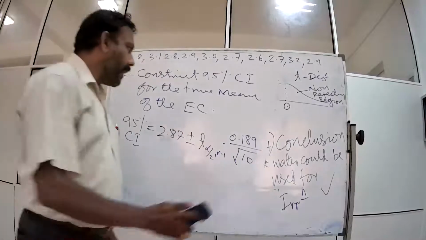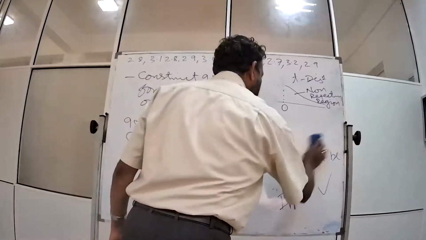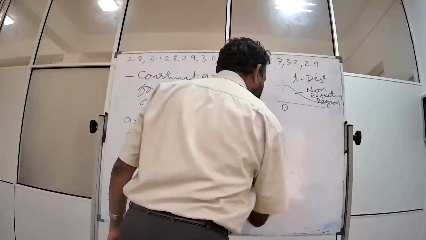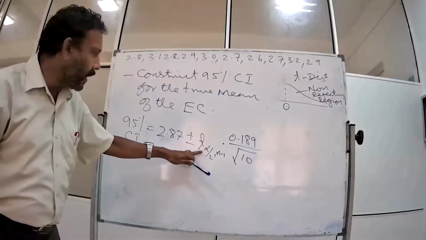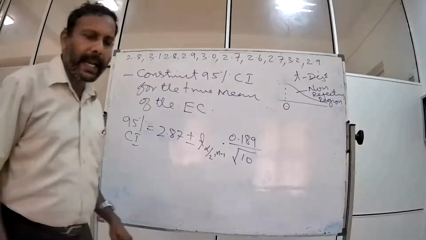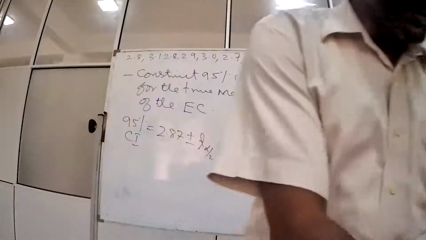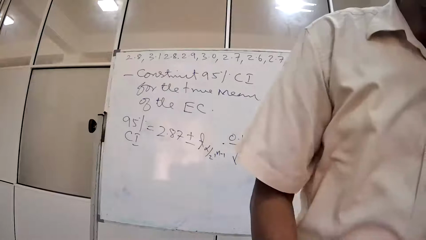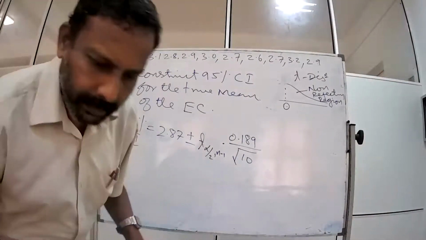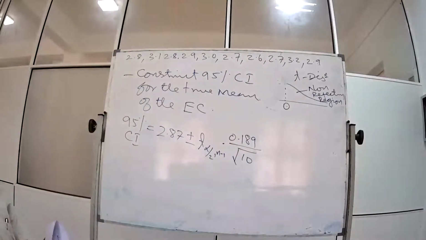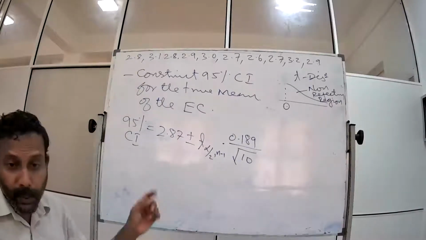Right, how to look at the table here? The table says alpha by 2. Once you look at alpha by 2, is it a one tail or two tail? Two tail. Two tail situation. If it is alpha by 2, it is a two tail situation.